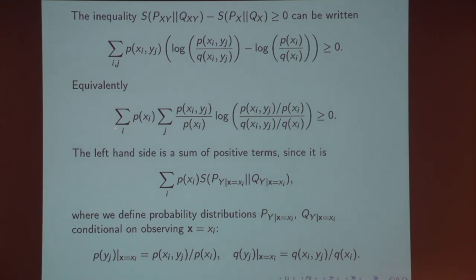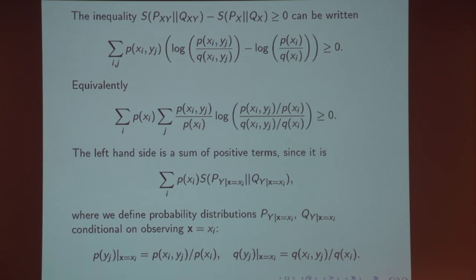And the left-hand side is a sum of positive terms, because it's the sum with weights p of x of a conditional relative entropy between conditional probability distributions, p of y given x and q of y given x, that are conditional on observing x.